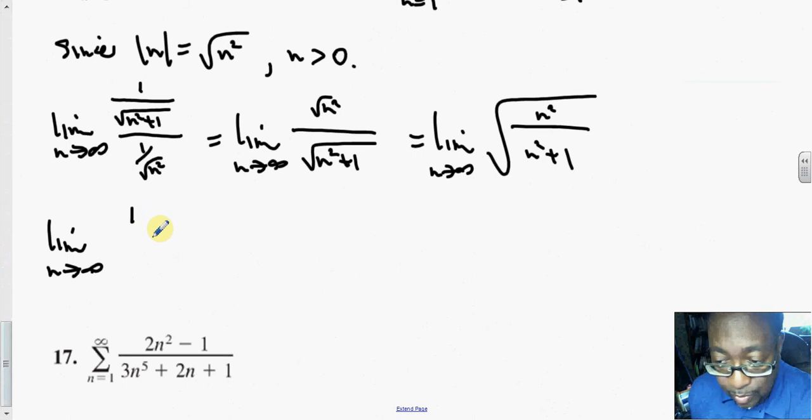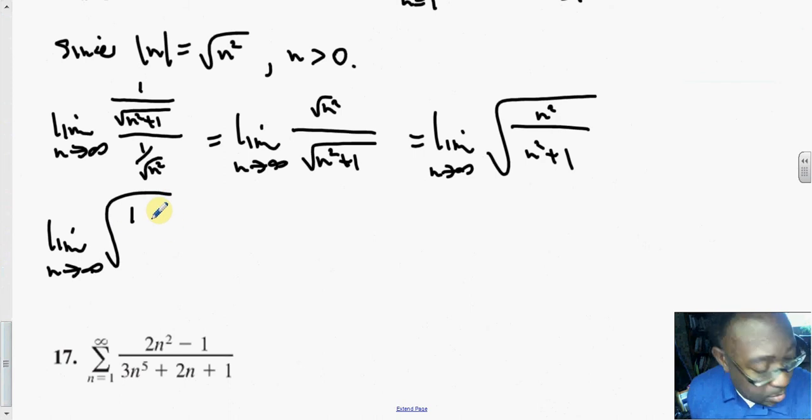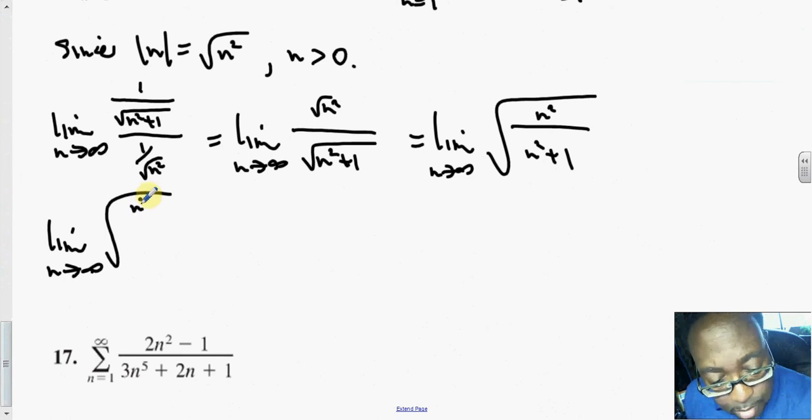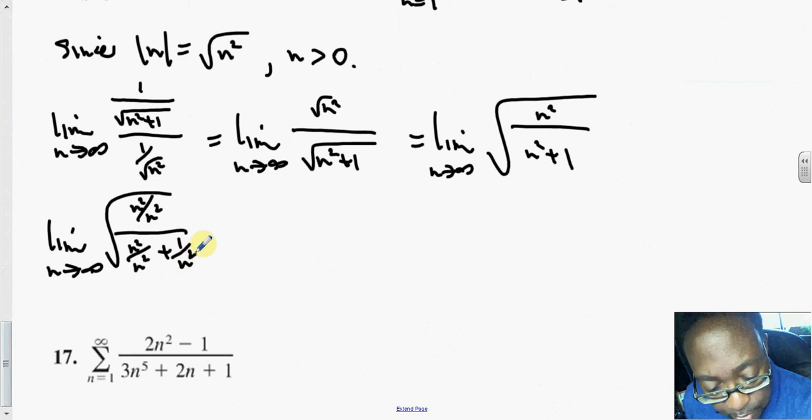And this gives us the limit as n goes to infinity of 1 all over, I'm going to divide each term by n squared. So let me show you that. n squared over n squared, and this is all over n squared divided by n squared plus 1 over n squared.